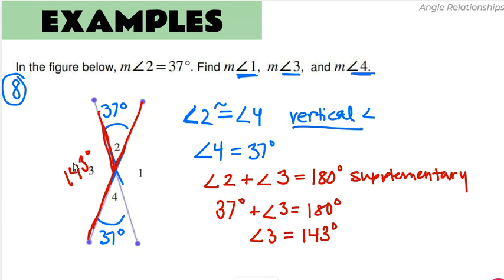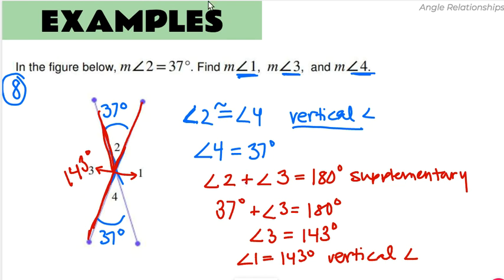Now, if angle 3 equals 143, guess what angle 1 equals? 143 degrees. And I know that because of vertical angles. I know if they're opposite, they're going to equal each other.